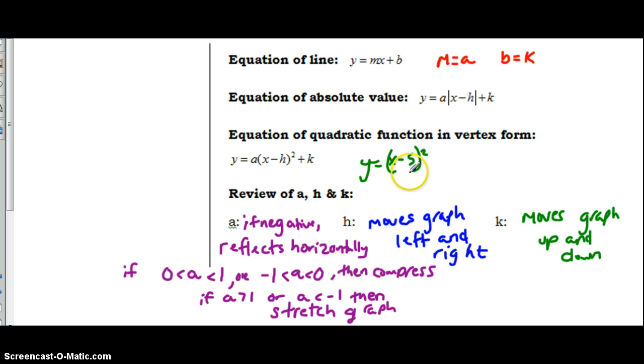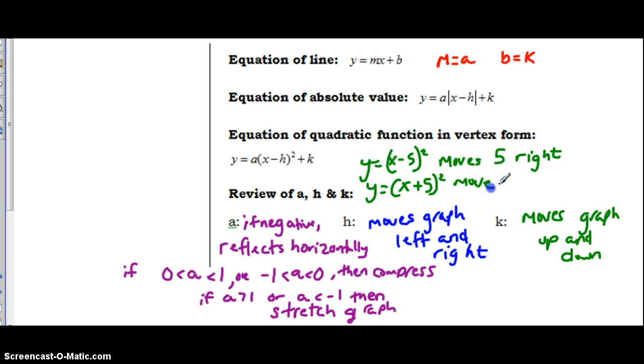In this case, it's actually moving 5 to the right in the positive. If it was the opposite, x plus 5 squared, it's actually moving it to the left because of the way the equation is. It's going to move the opposite of what you think.